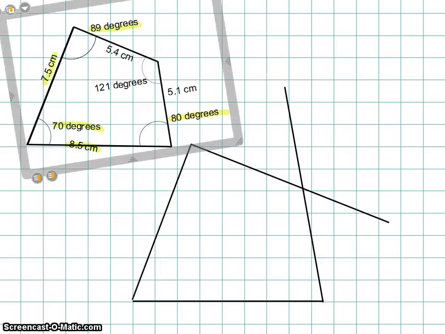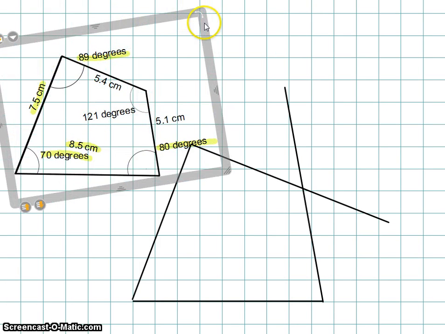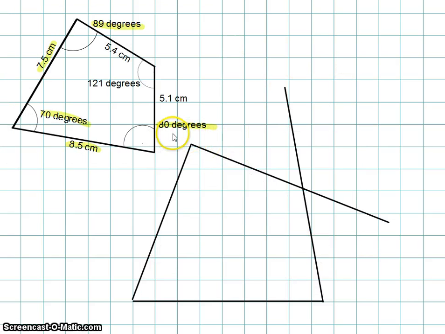But again, we weren't focusing on what it looks like, right? Because the measurements were all given. So we use that and we try to draw a congruent quadrilateral measurement-wise. So measurement-wise, this quadrilateral should have the same measurements as this quadrilateral here.